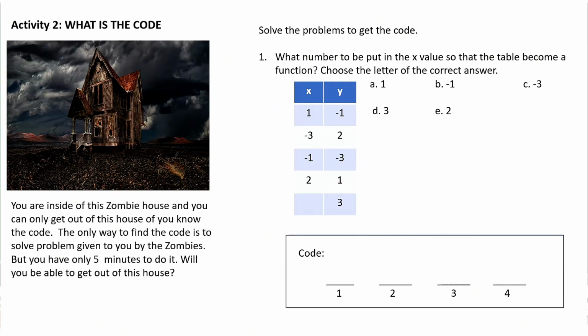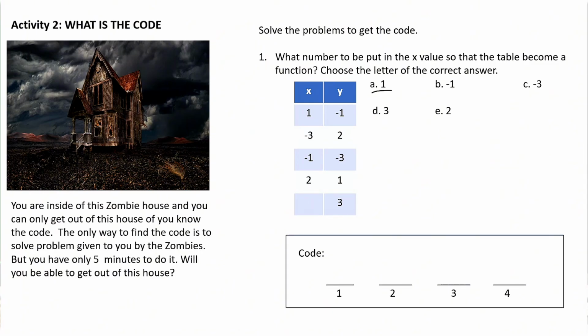Okay? So if we choose letter A, which is 1, if we put 1 here, there will be 2 1s. So if that happens, there will be a repetition of the values of x. So 1 is not the correct answer.